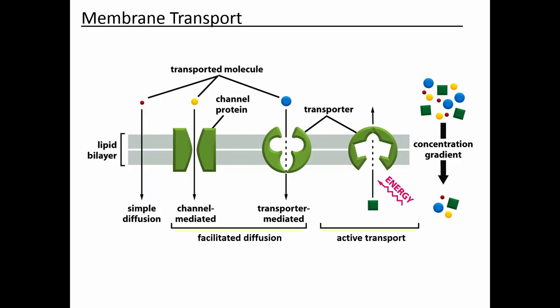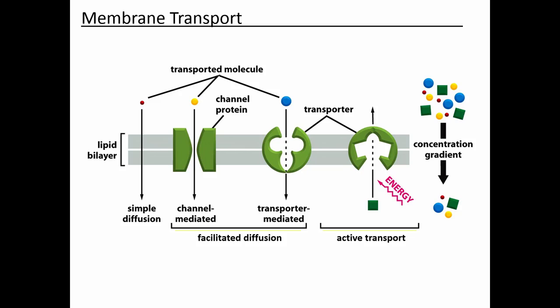Okay. So this just summarizes what we've gone through so far. We've talked about simple diffusion, where a molecule simply passes through the membrane without any help down its concentration gradient. Then we talked about facilitated diffusion, where something passes across the membrane down its concentration gradient, but it requires a membrane protein to do that. That could be either a channel or a transporter, which is also called a carrier.